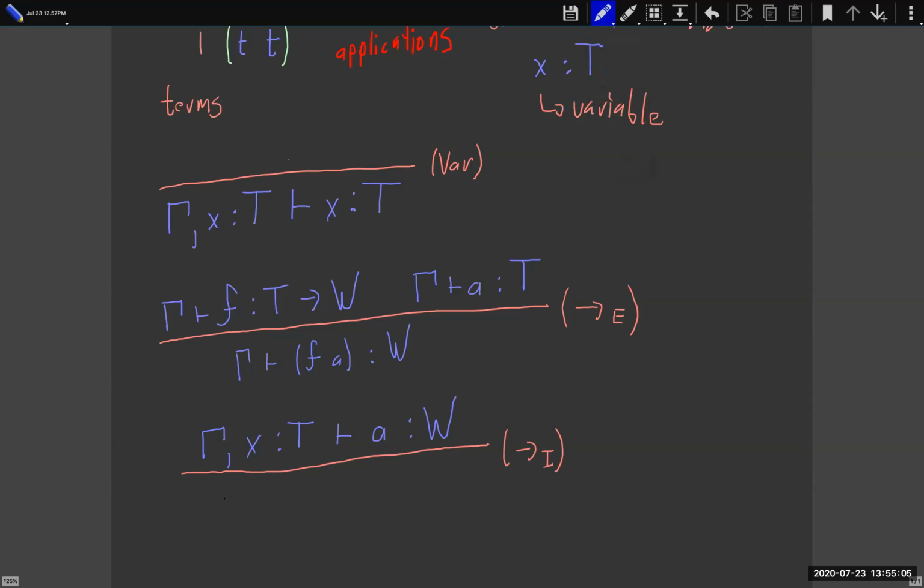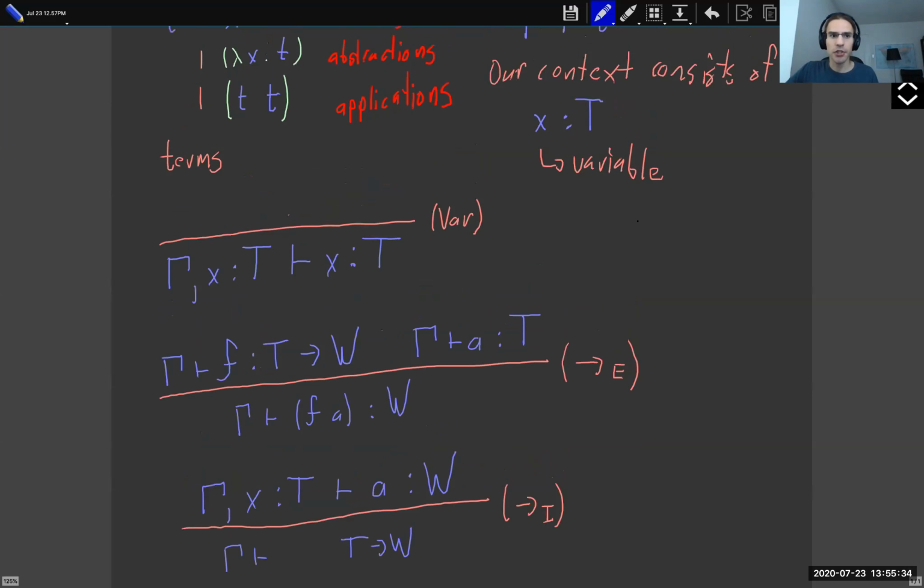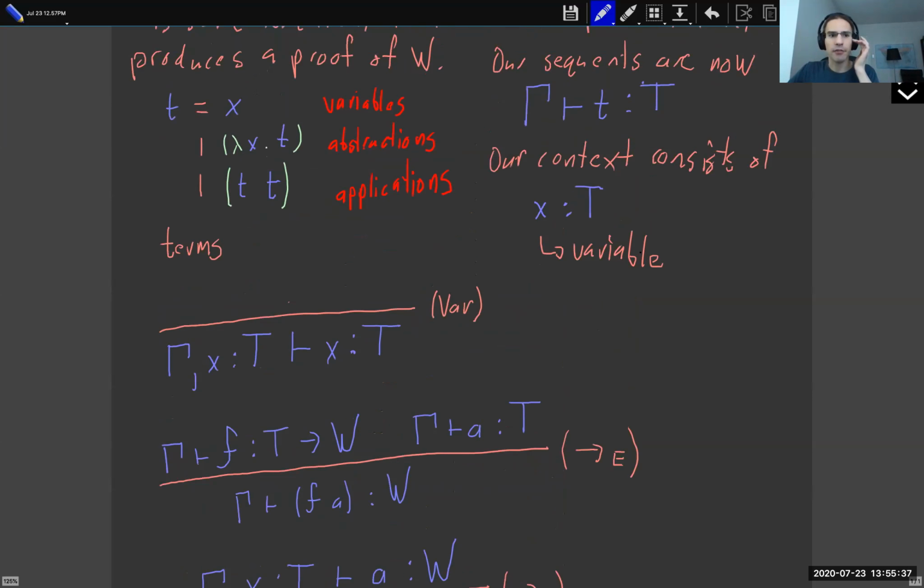I'm not sure how to write it, but you could say that in the context of gamma, T implies W. So you're right in that in the context gamma, what we're going to have is a proof of T implies W. But now the way that we've modified our sequent, we're not just going to say that we can prove T implies W. We're more strongly going to say that a certain proof term proves T implies W. And the proof term is going to be some term described by the grammar of lambda calculus that you can see here, which has 3 variants.